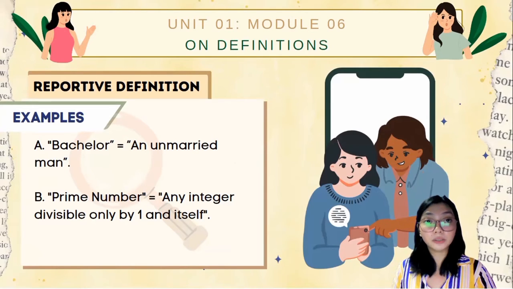Bachelor can be defined using the reportive definition or the dictionary by saying that it refers to an unmarried man. Likewise, the meaning of prime numbers is just any integer divisible only by 1 and itself.